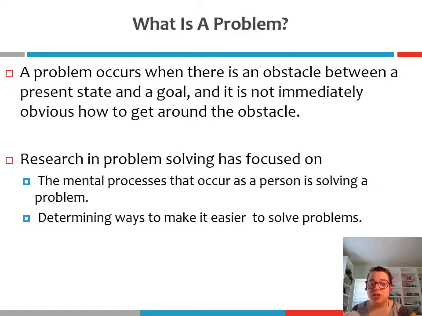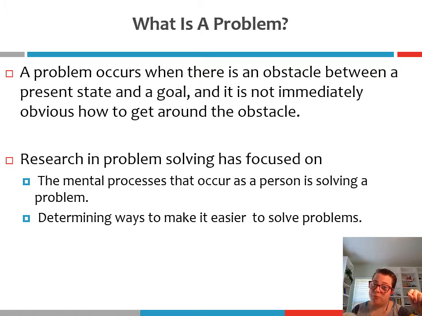Well, the definition that they come up with is a problem occurs whenever there is an obstacle between your current state and where you want to end up, or your goal state, right?